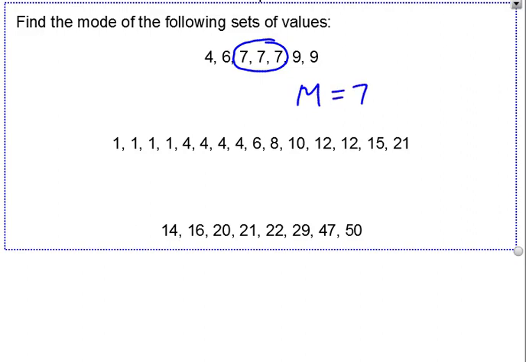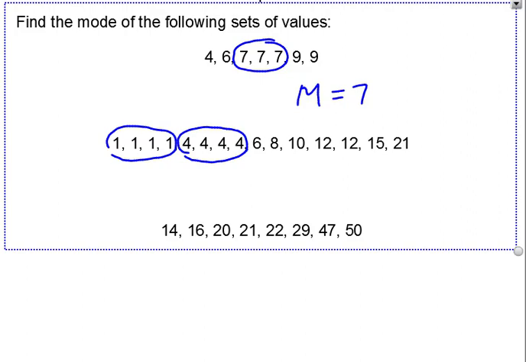The next set of values starts with 1 and ends with 21. When I read the values, I've got 1, 1, 1, 1, 4, 4, 4, 4, 6, 8, 10, 12, 12, 15, 21. I see that the values 1 and 4 both occur the same number of times, 4 times.